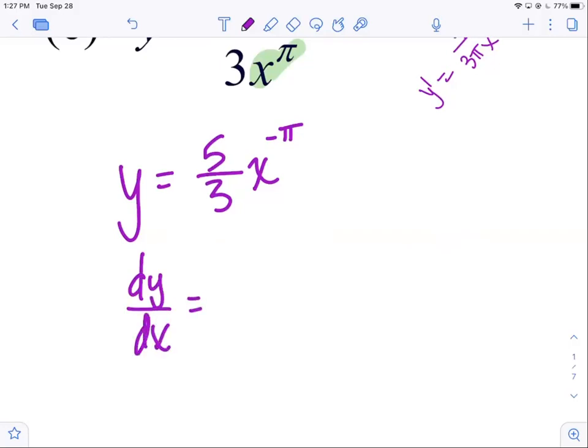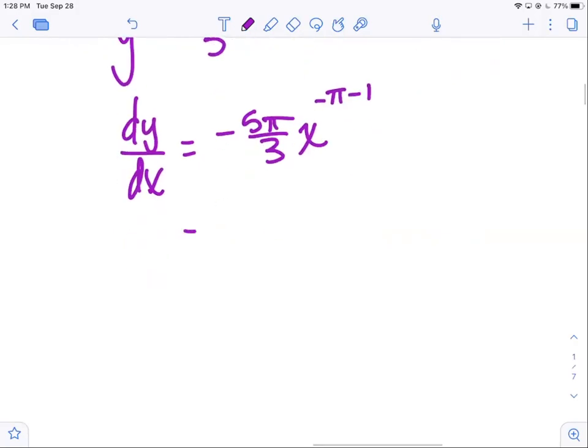And now we multiply, subtract, multiply, subtract. So when I multiply, I get negative 5 pi thirds times x to the negative pi minus 1. Pi is an irrational number. It's a transcendental irrational number. But it works. Multiply and subtract. And now if I clean that up, negative 5 pi stays in the top, 3 goes to the bottom, and now the x goes to the bottom.